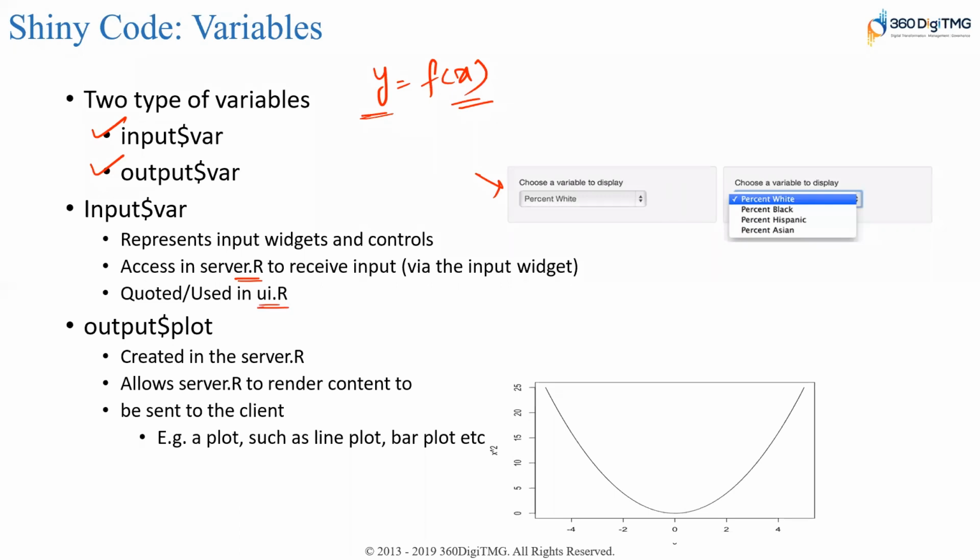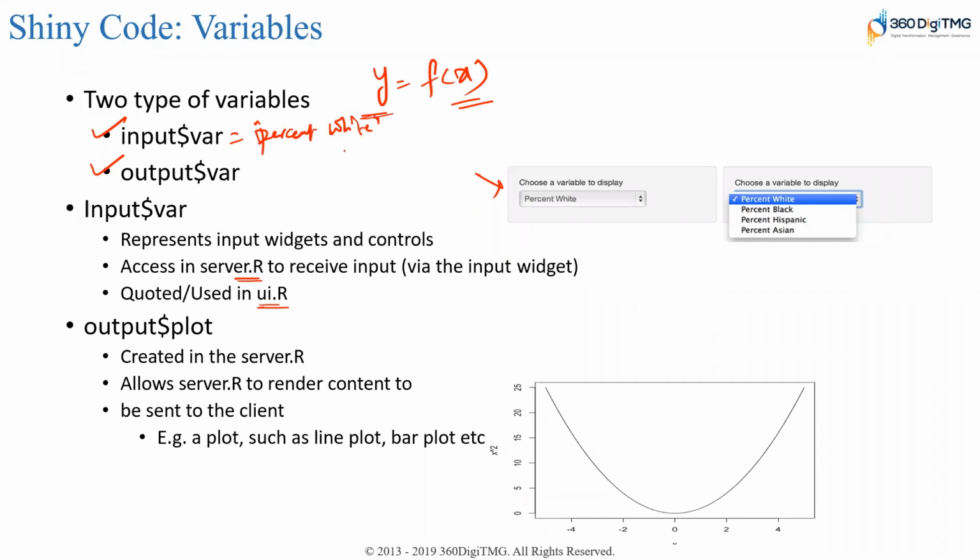That's where you are defining the look and feel. So here let's say I'm saying %white, right? You are clicking on the drop down and choosing this. When I do that, in server.R you are saying, hey, treat this input dollar variable as %white.